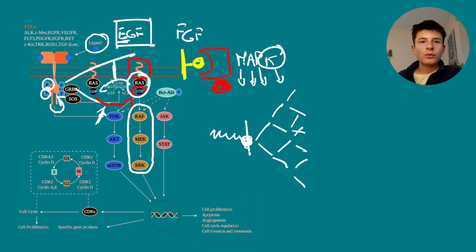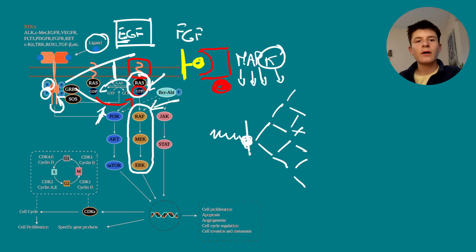There are also many inhibitors that have been developed for RAS. Some work, some don't work, but it's an active area of research of RAS inhibitors, small molecules to inhibit RAS or antibodies.